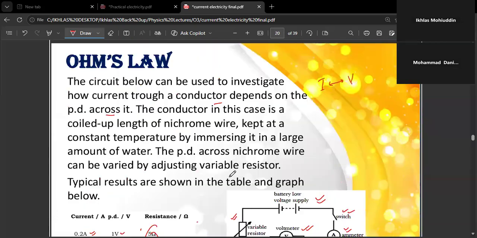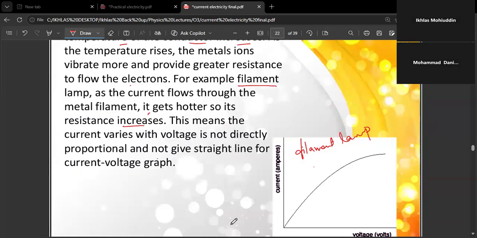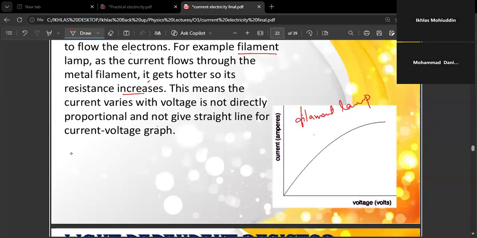So the statement of Ohm's law would be like this.